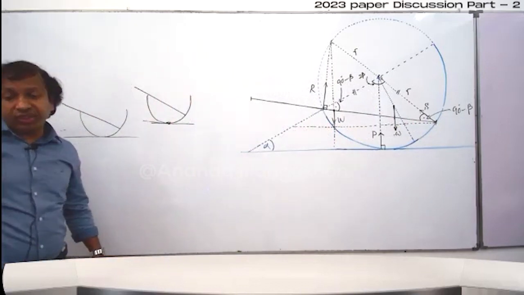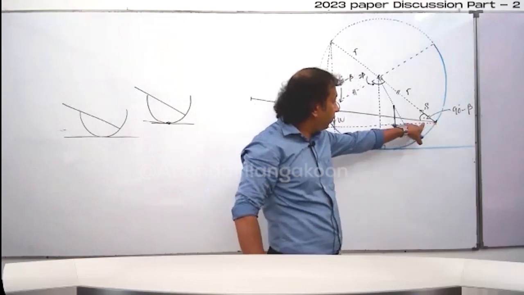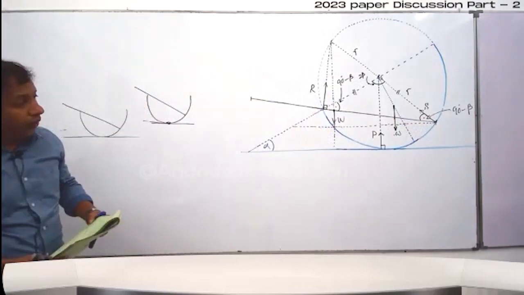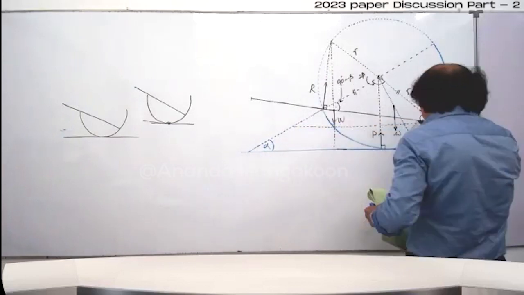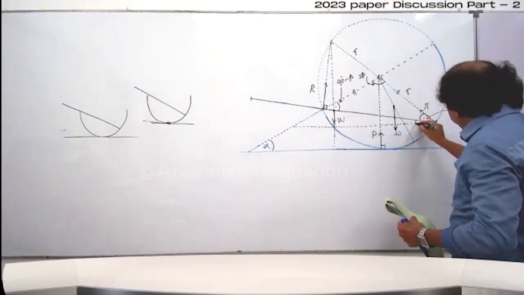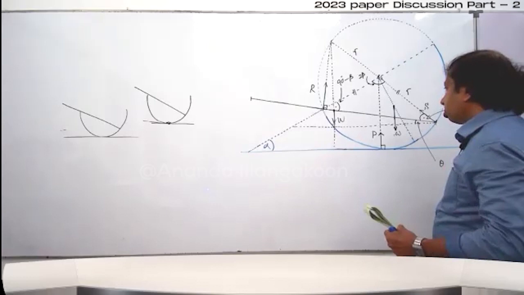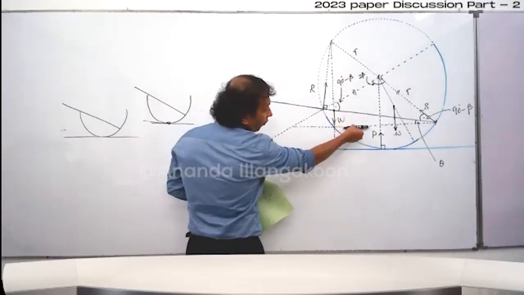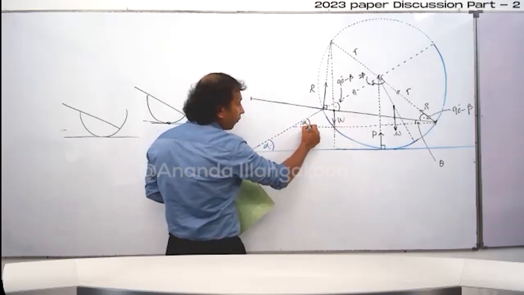When you draw this correctly, people, the horizontal line going through this point will pass through this point and meet here. Now I'm going to take this angle as theta. I'm going to find that angle. This is horizontal, and this is also horizontal. These two are horizontal. Therefore, this angle and this angle are equal, alpha.